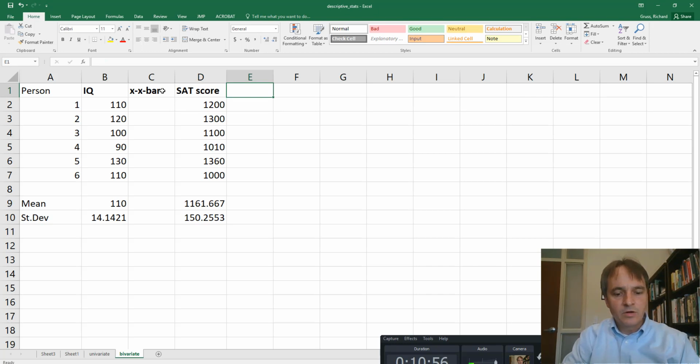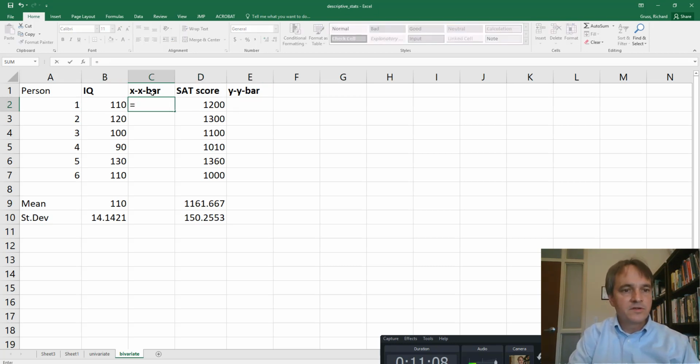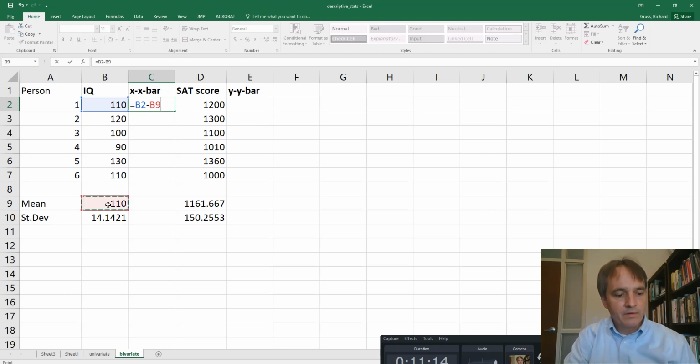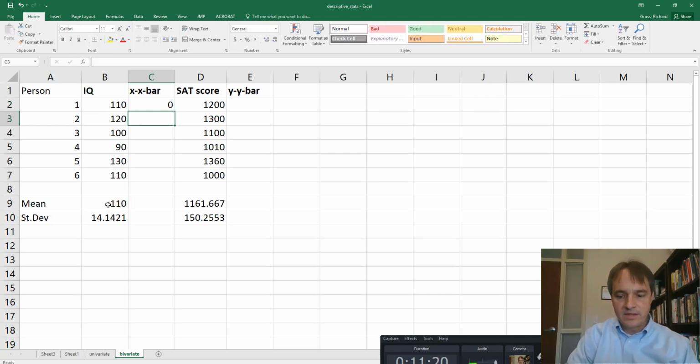We're calling this variable y, so the SAT score will be y, and we'll do y minus y bar over here. So what is the difference between this and the mean? Again, we'll make that an absolute reference by putting $ in there so that we can copy.